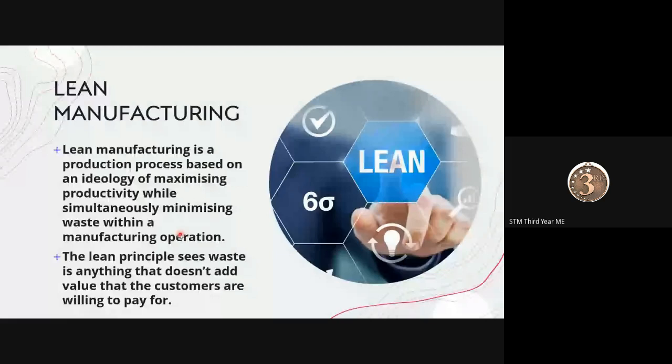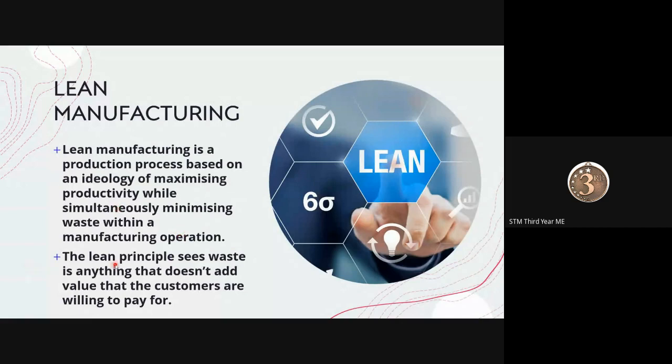Various procedures and steps may be involved in producing the product. We study each process and optimize a procedure in which the waste produced will be less. Such manufacturing is lean manufacturing.